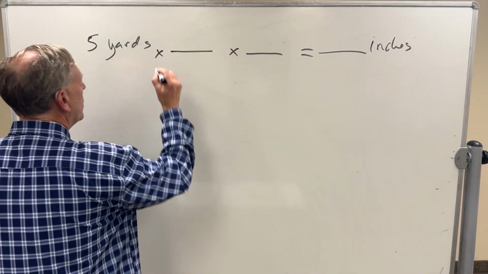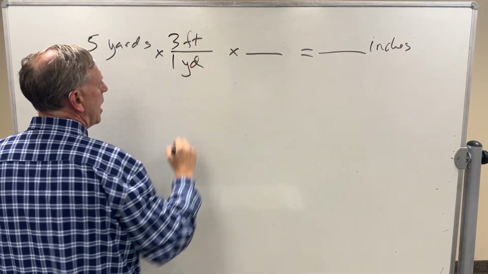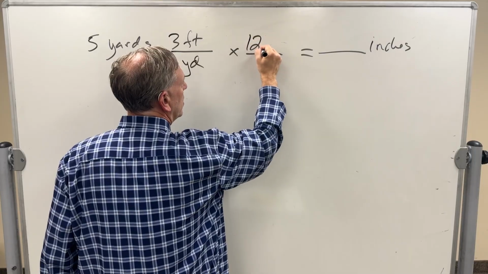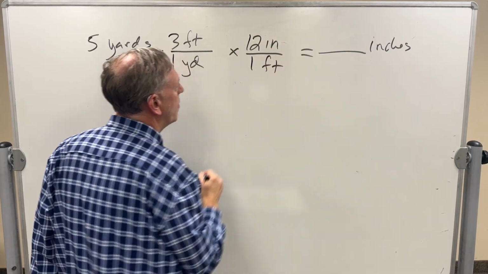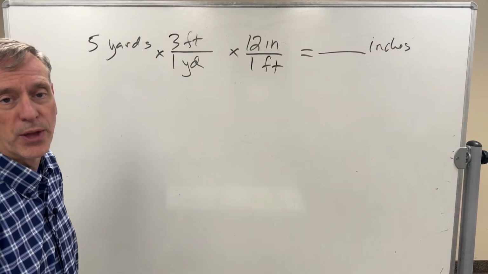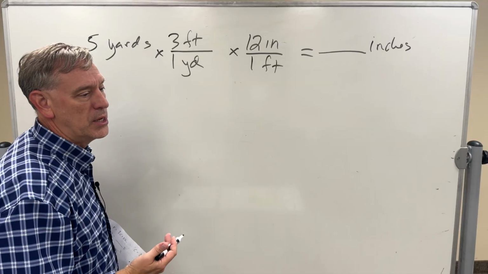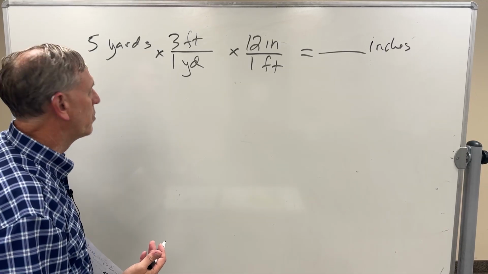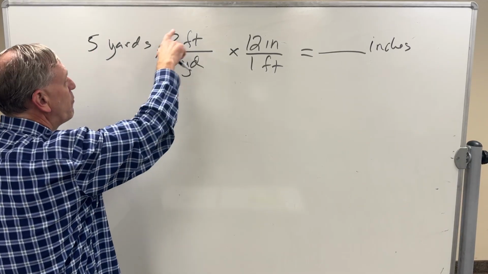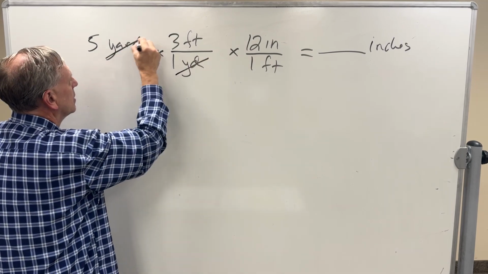In this case, we know that there are 3 feet to 1 yard, and that there are 12 inches in 1 foot. The reason I'm emphasizing not just the numbers, but the units of measure, is that dimensional analysis teaches you can cancel not just simplify the fraction, but cancel the units of measure.